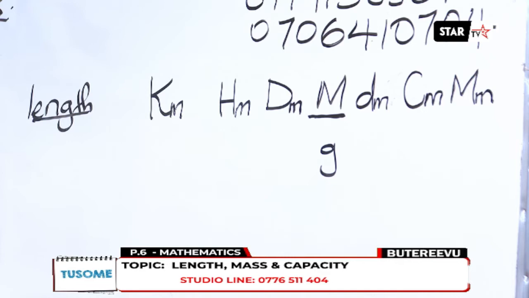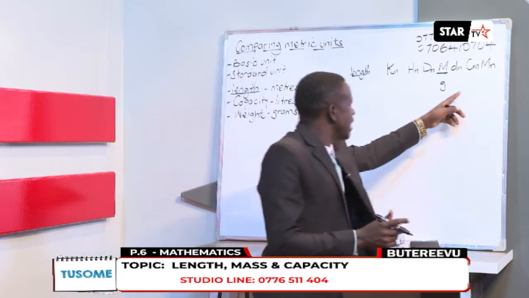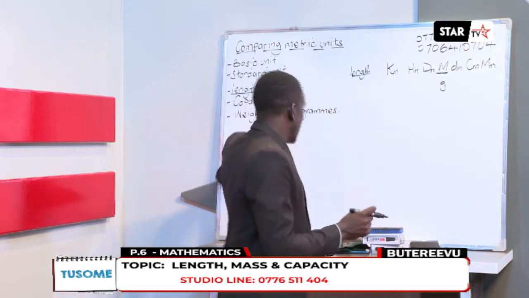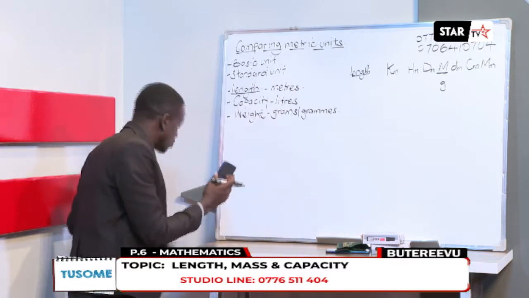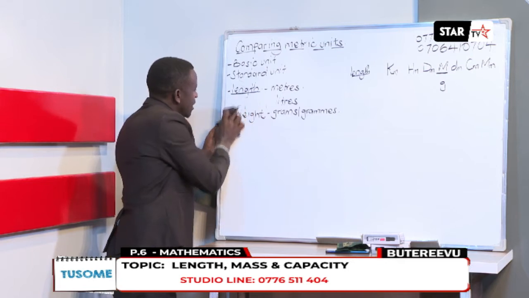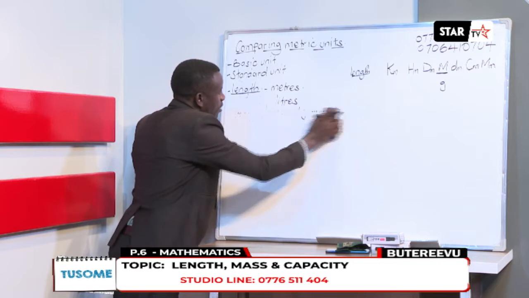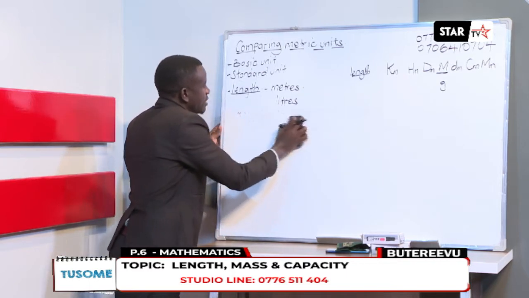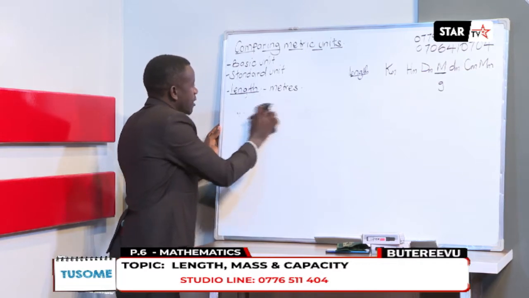But today, we are going to look at the metric conversions or comparing length. At this time, I'm going specifically to look at length. So we are going to look at only length and we leave other standard units. So let's look at our question number 1.